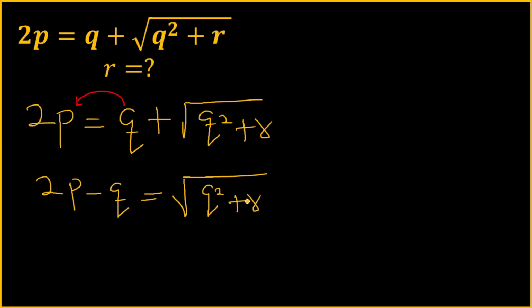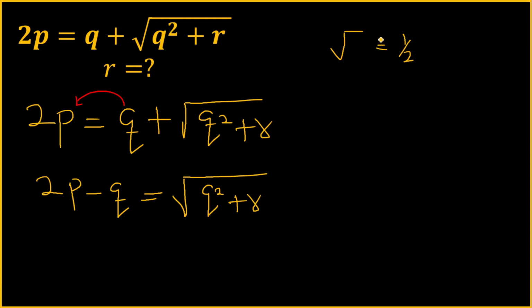Now our right hand side is under a square root, and we have to take away the square root. Square root in simplest form means half, which is to the power 1 on 2.